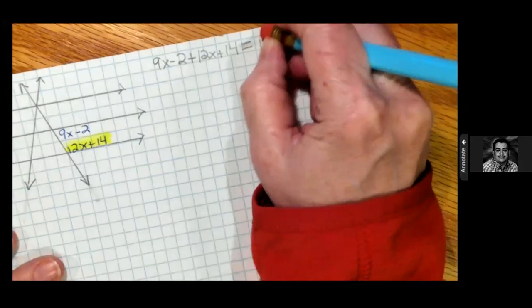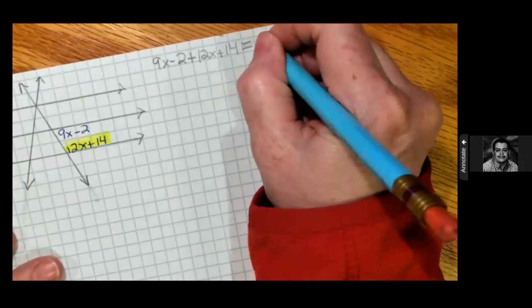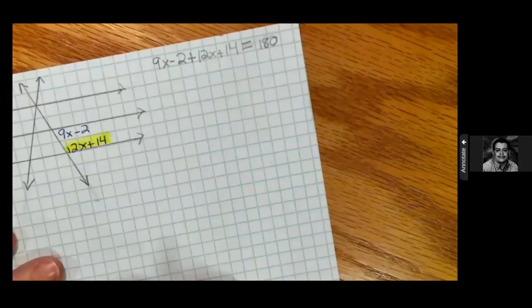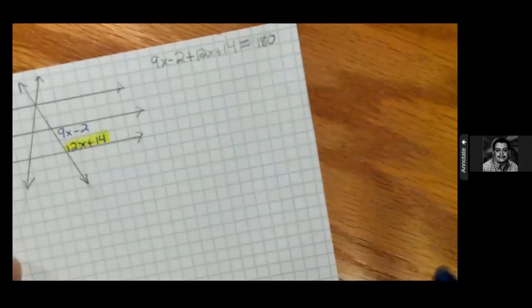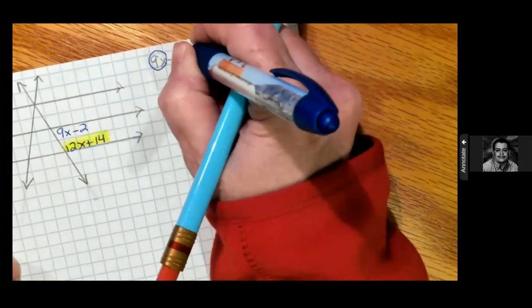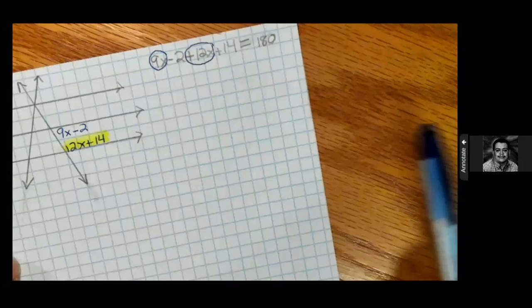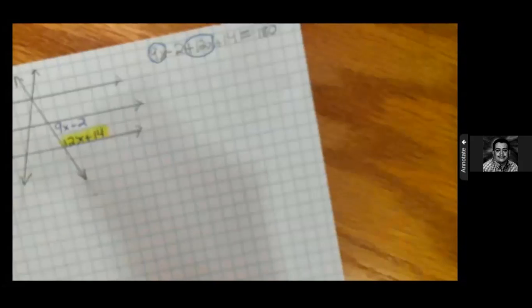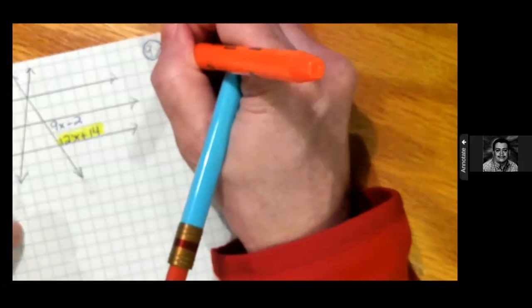Sorry guys, I'm having trouble writing this morning. Okay, 180. So then we're going to combine like terms. Okay, and then let me highlight my other like terms.